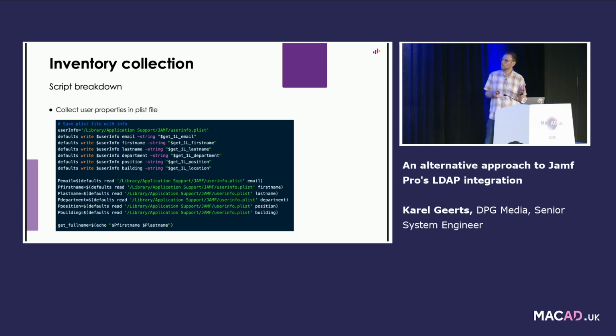Afterwards, we use that JSON file to save a PLIST file. Why do we do that? We noticed that when using the JSON file directly, special characters like an ampersand weren't encoded right.